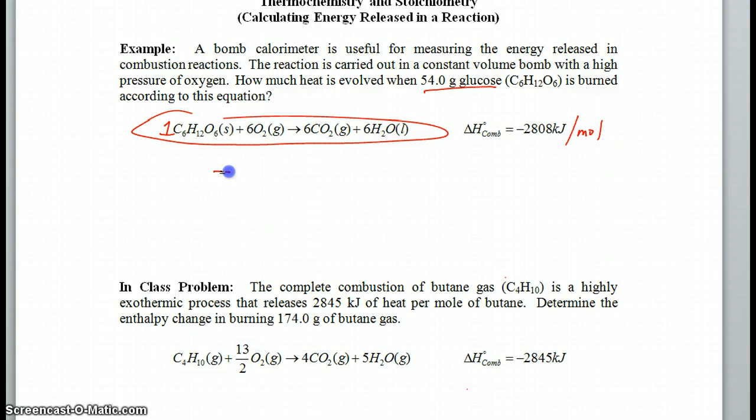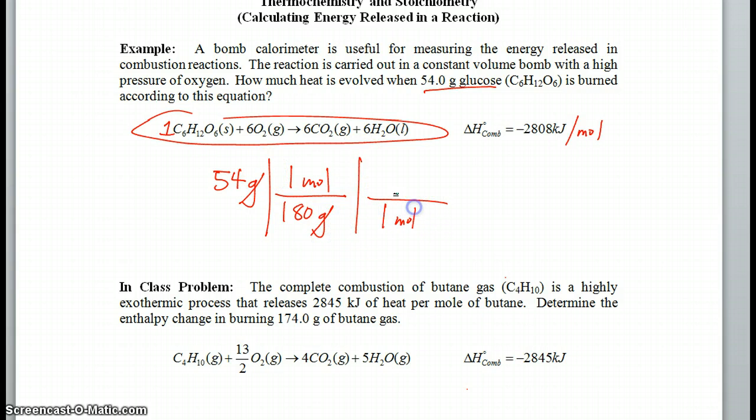So all you have to do here is basically, okay, so one mole has a mass of 180 grams, cancel, and then 2,808 kilojoules. Okay, and then when you multiply those together, you get negative 842 kilojoules.